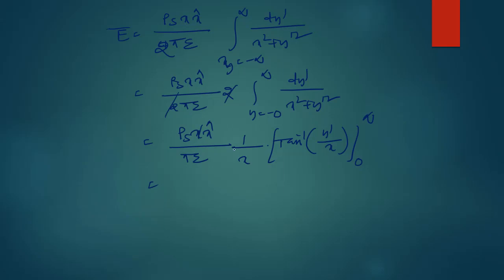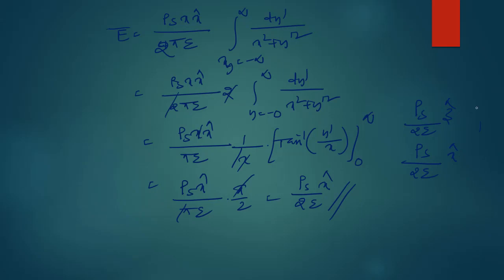So here x cancels, so rho s x cap by pi epsilon, and if you substitute the limits, tan inverse of infinity is pi by 2, so you get again the same expression, rho s by 2 epsilon x cap, but the approach is different here. In the first case we got rho s by 2 epsilon z cap. In the second case we got rho s by 2 epsilon x cap. Both are the same.